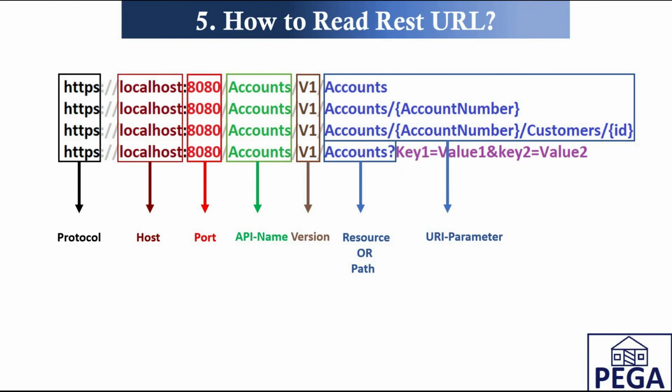And the third example which I have given is where you are calling account/account number/customer/ID. So what you are doing is passing an account number, and underneath you are passing a customer ID. Most likely you would not see this kind of URL. It is very rare because, like I told, we are in a world where we are doing microservice platform architecture, where we are trying to be very specific, very granular.